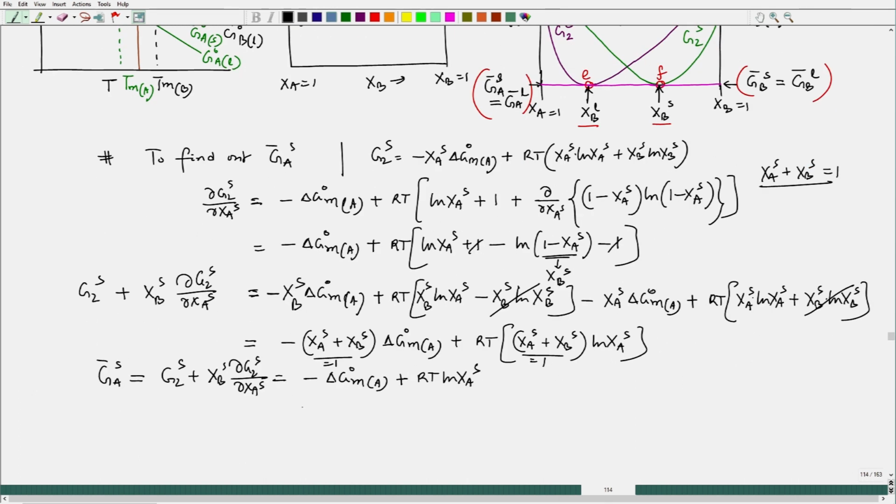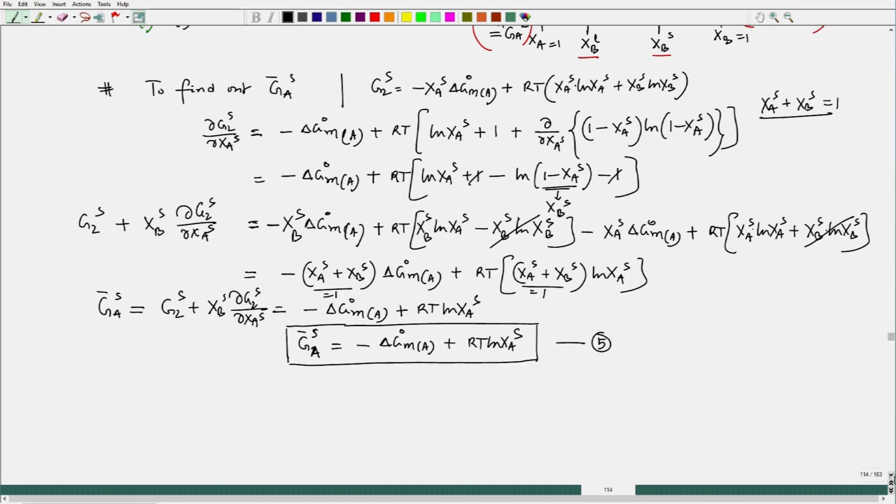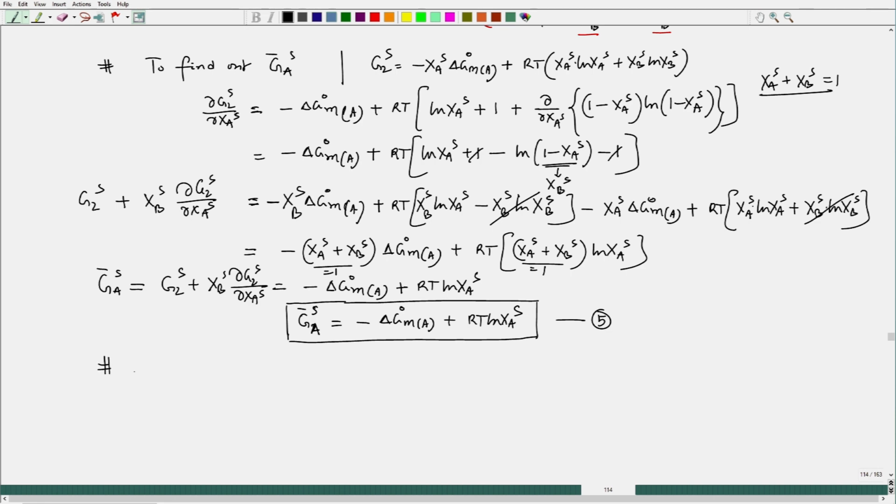So we can say GAS equal to minus delta G naught M A plus RT ln XAS. Let's say this equation is 5. We have to find out, let us find out GA bar liquid.